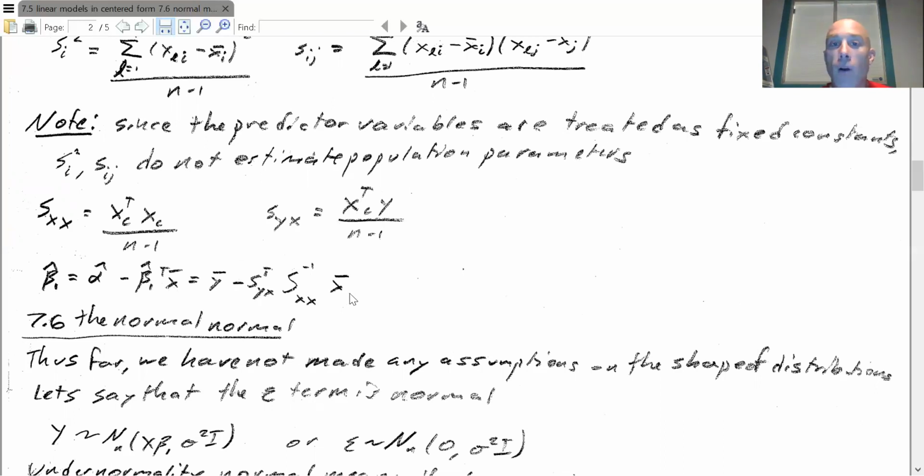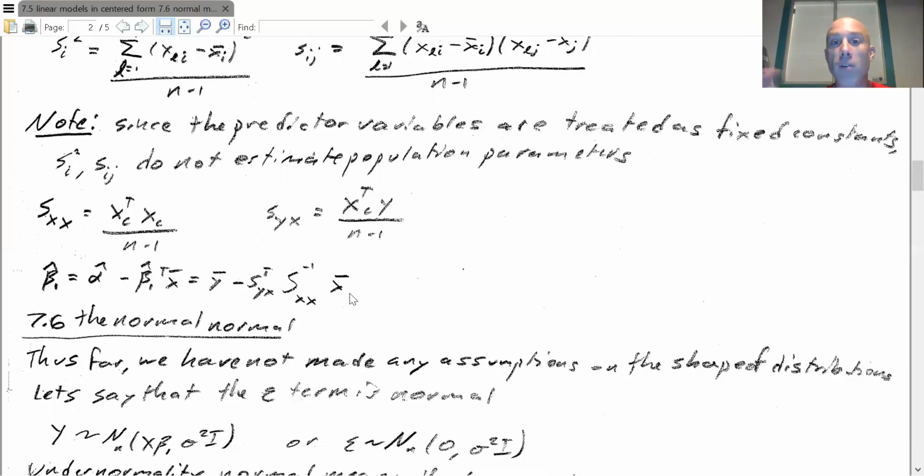For now, we're not going to worry about this. But down the road, we're going to return to this and take a good hard look at using this in our model when we treat x as random variables instead of fixed constants.